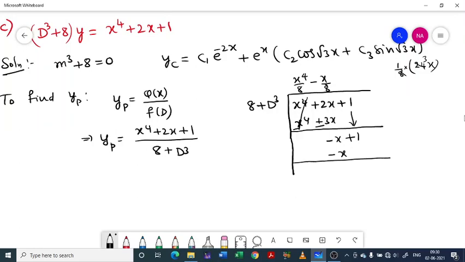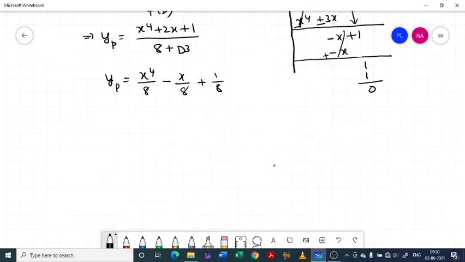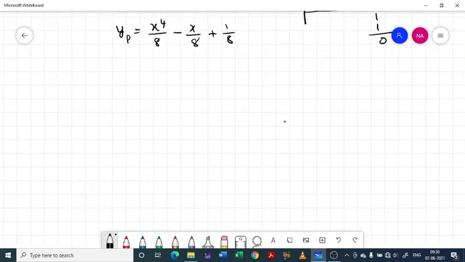So subtracting, this becomes plus. Here we will be having no term, so no problem. These two get cancelled, you get 1. So 1 by 8. So yp will be x power 4 by 8 minus x by 8 plus 1 by 8. So this will be the required solution.